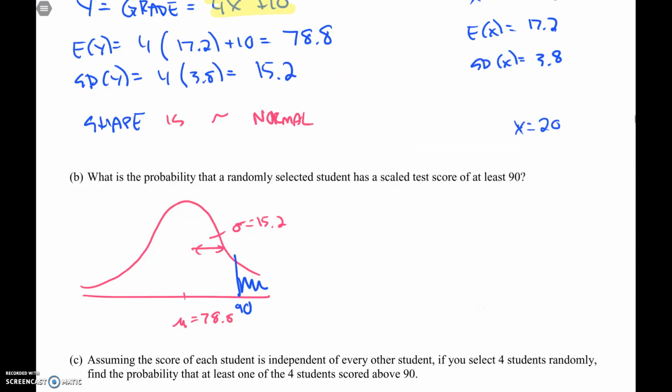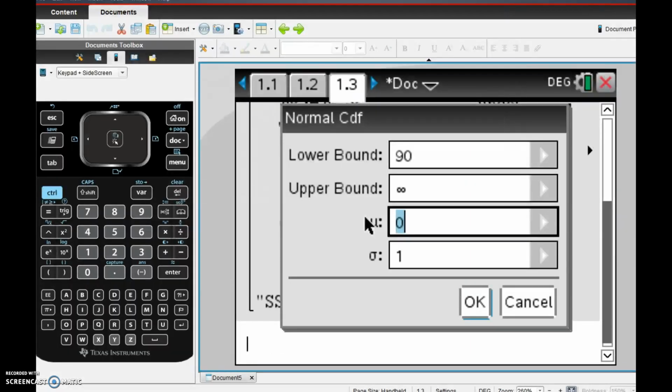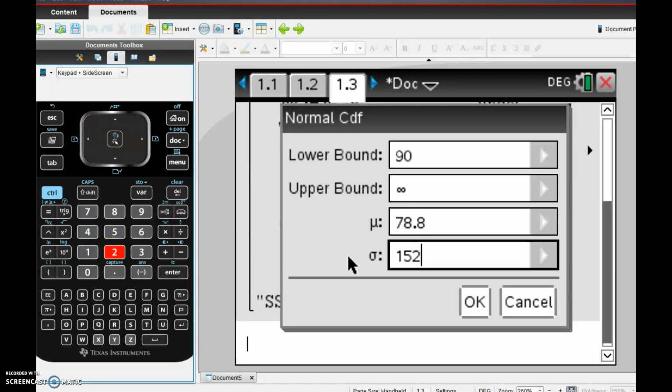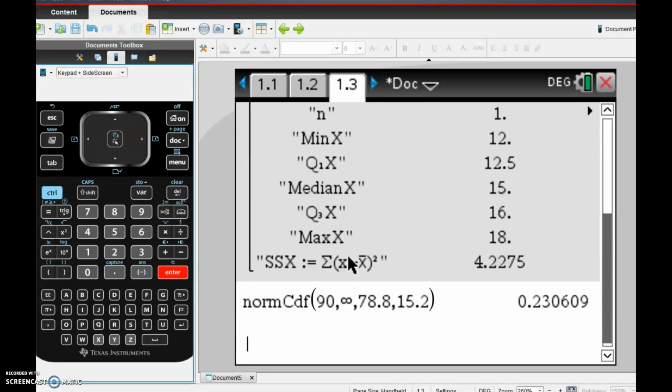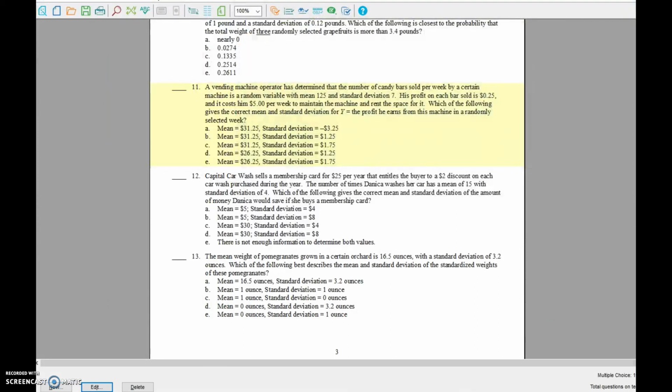Was it 78.8? 78.8. And 15.2. That means 23% of the kids are going to get A's.